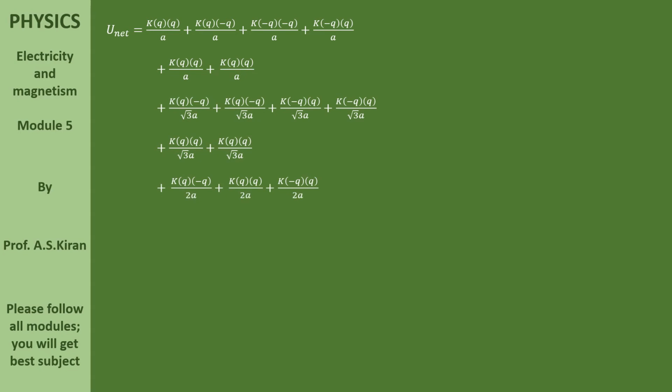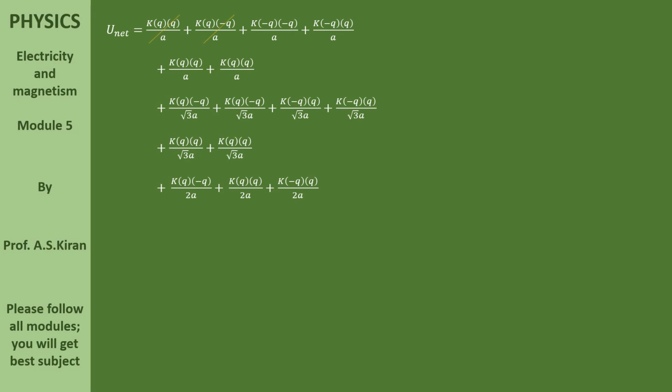The total expression is that, isn't it? Now, in this, there are many terms. Don't go for LCM simply. Let us observe the terms. KQ by A. Just adjacent to that, there is KQ minus Q by A. The two terms will get cancelled, isn't it? There is a minus sign for one charged particle. Those two terms will get cancelled. Simple calculation it is.